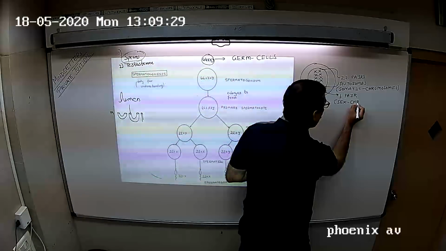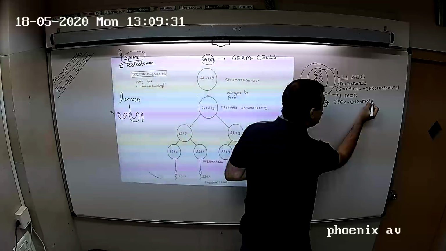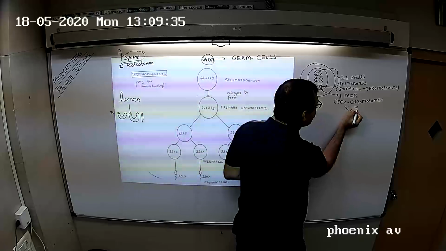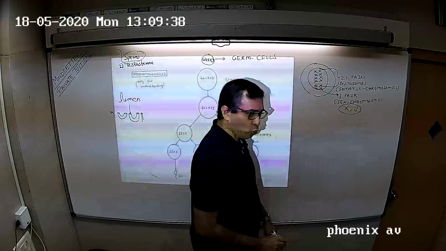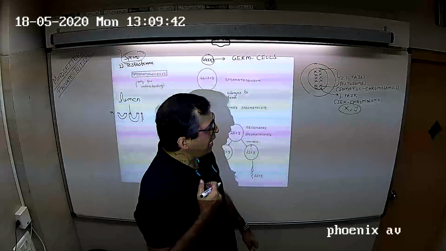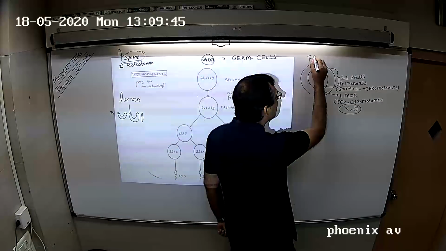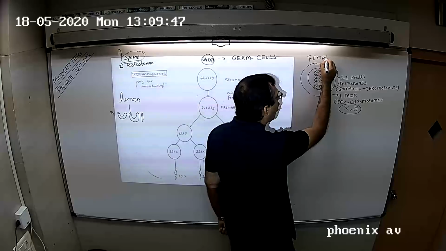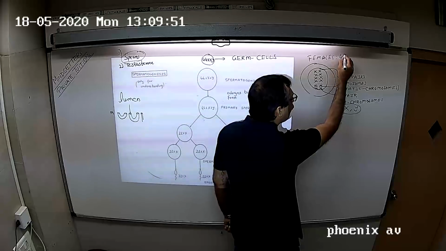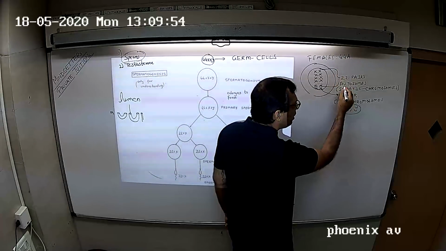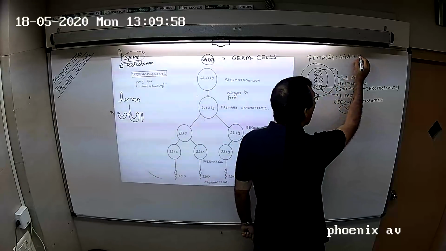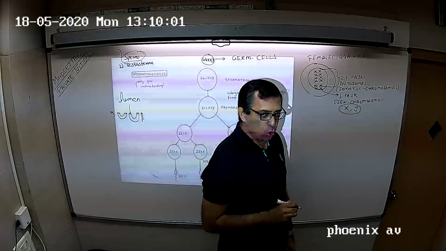And sex chromosomes are of two types. You all have heard of it in school: X chromosome and Y chromosome. In humans, females have 22 pairs, in other words 44 autosomes, and X plus X or XX sex chromosomes.